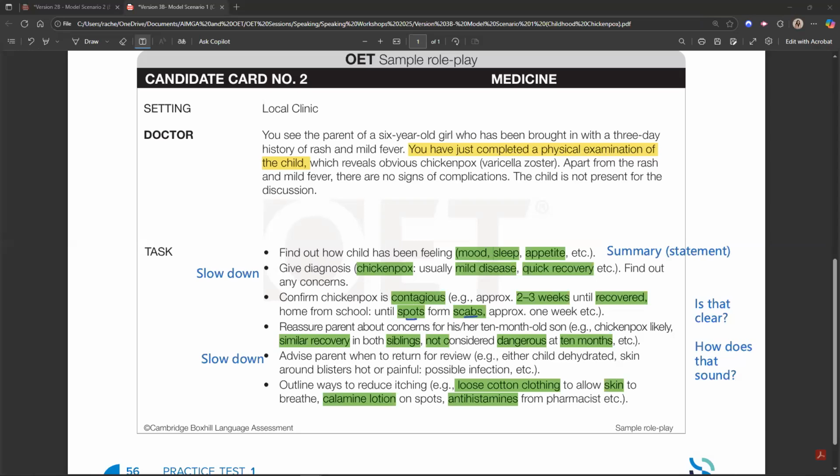If you see any feature of dehydration, like the child feels very thirsty or any change around his eyes, we have to be careful. Another thing is to be careful around the blisters, to check whether the area around the blisters is hot or painful, because if so it's an indication of infection. In this case you have to come back to me.